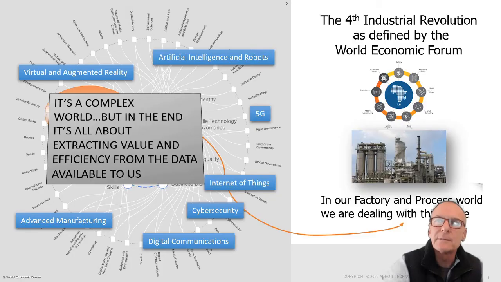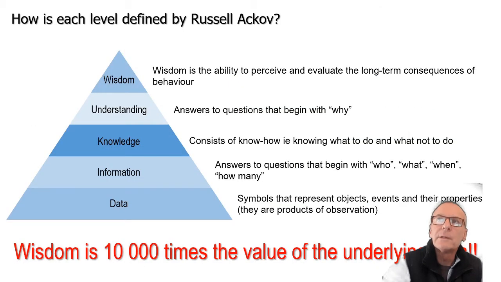So if we look at that, let's just look at the hierarchy, and these are his definitions of those layers. It's important to get them in our heads right now in terms of trying to understand what we're doing and where we're going. Data are symbols that represent objects and events and their properties, and they are products of observation.